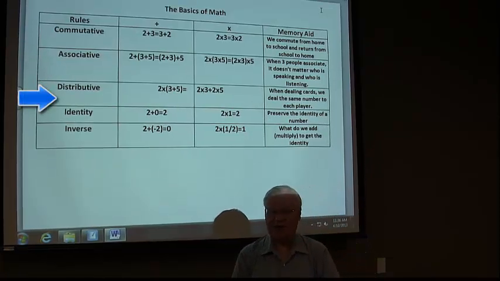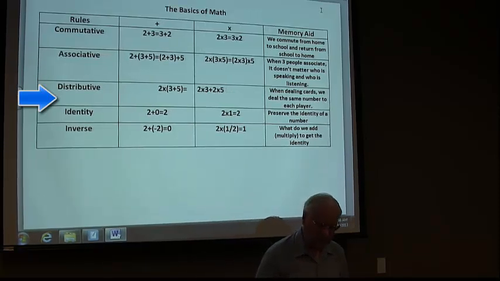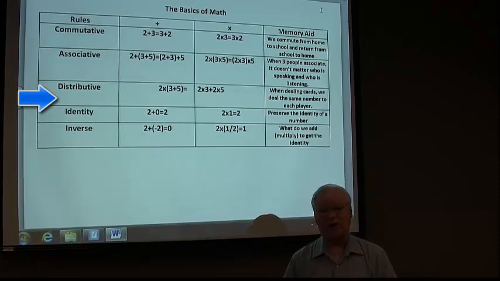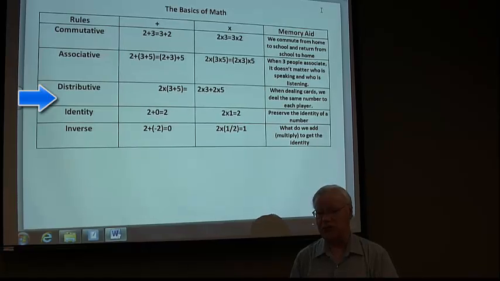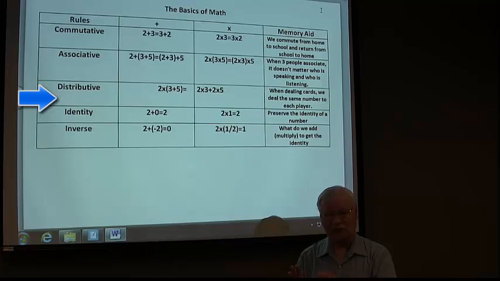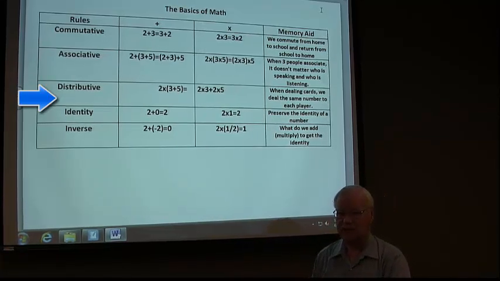The distributive property. When you think about this, you might think about playing cards, and the dealer distributes the same number of cards to each one of the players. Well, with distribution, we distribute the same quantity through multiplication to each one of the quantities that are added inside parentheses.